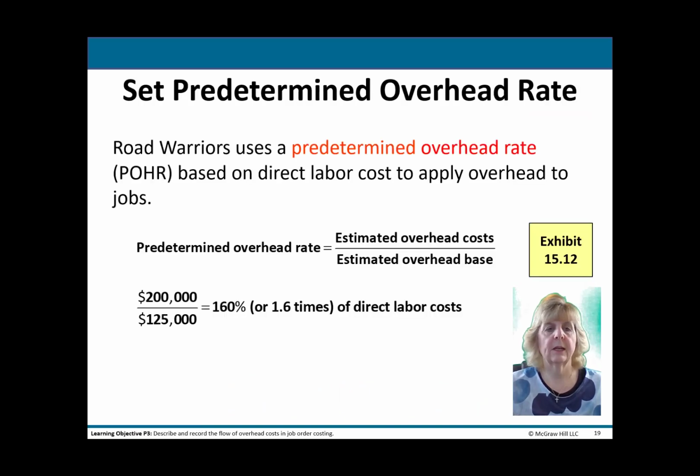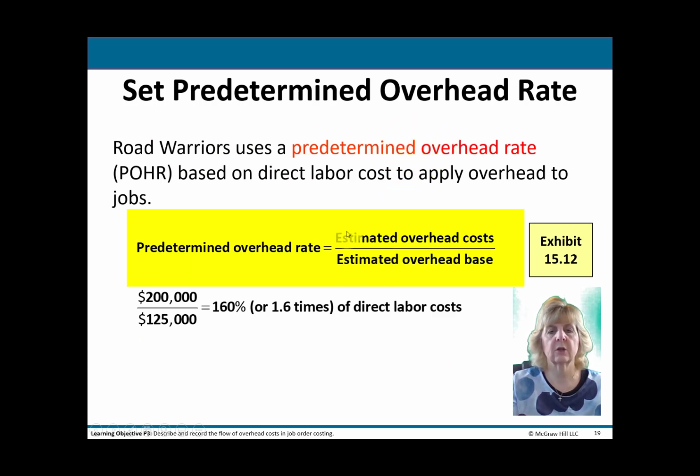So here's an example that I was referring to. This company called Road Warriors uses a predetermined overhead rate. This means that at the start of the year, they calculated out what their overhead rate charge would be for each job. And they took the total overhead costs on the top and divided by some type of a basis on the bottom.